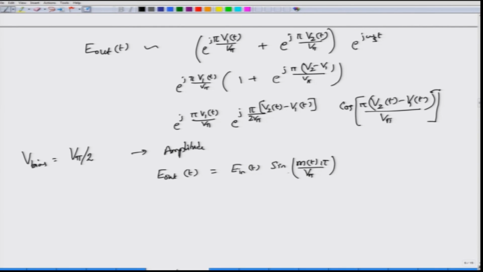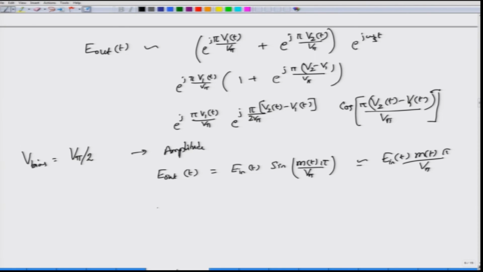Okay. And for small values of m of t, this is very nearly E in of t m of t pi by V pi. So, this amplitude is getting modulated by E in of t. So, this is basically an amplitude modulated wave.